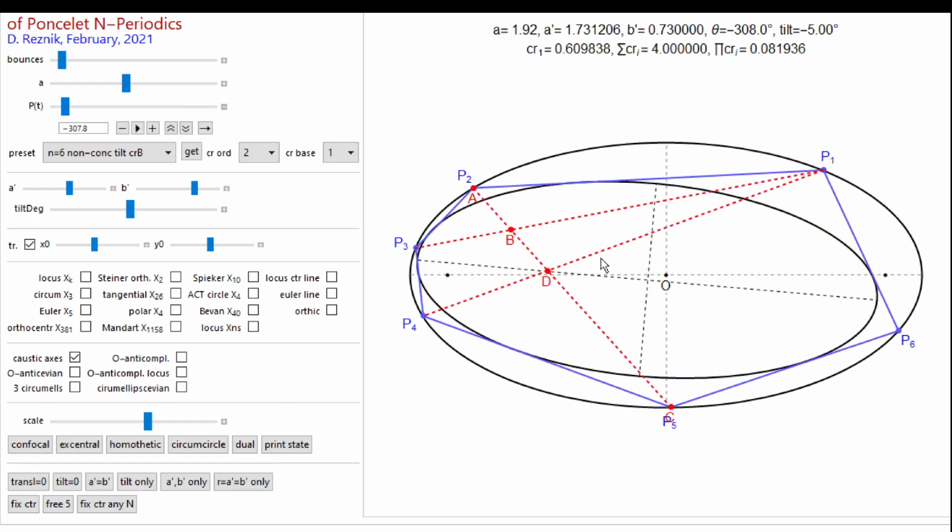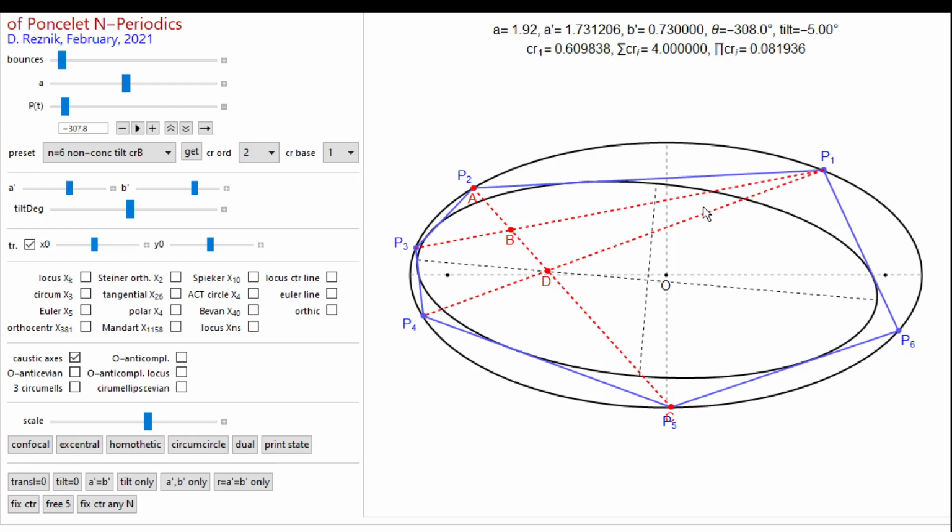Since D is the meet of two proper diagonals of this 6-gon, what's a proper diagonal? It's connecting vertices that are opposite to each other in the counting of 6 vertices. If you start at P2, the diametrically opposite vertex is 3 vertices forward: 1, 2, 3. So P5 is diametrically opposite to P2.